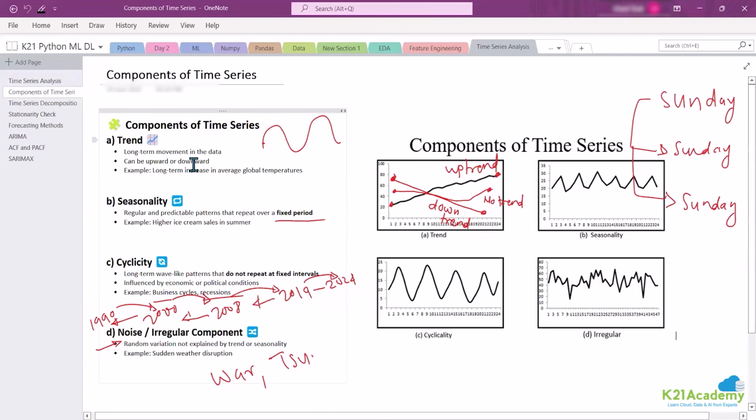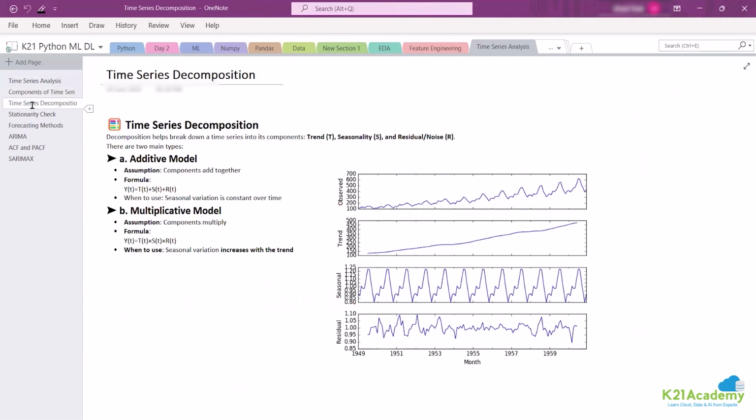Now, in order to complete a time series analysis task, we need stationary data. Stationary data is data which doesn't have any trend and has no seasonality. So we need to do a stationarity check in the case of time series. There are multiple ways to check stationarity.